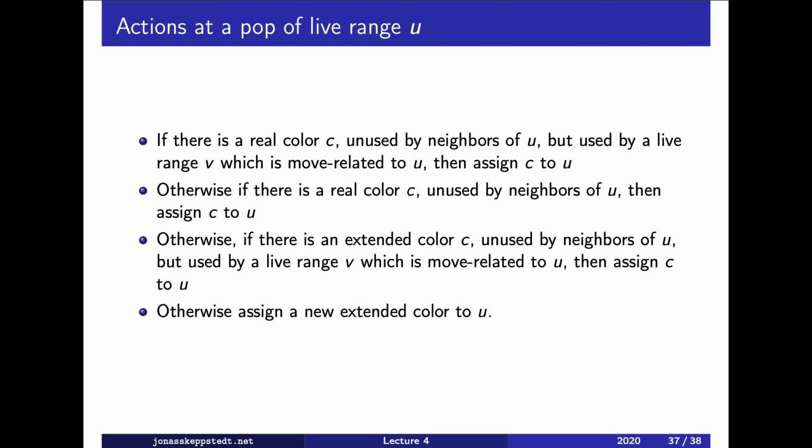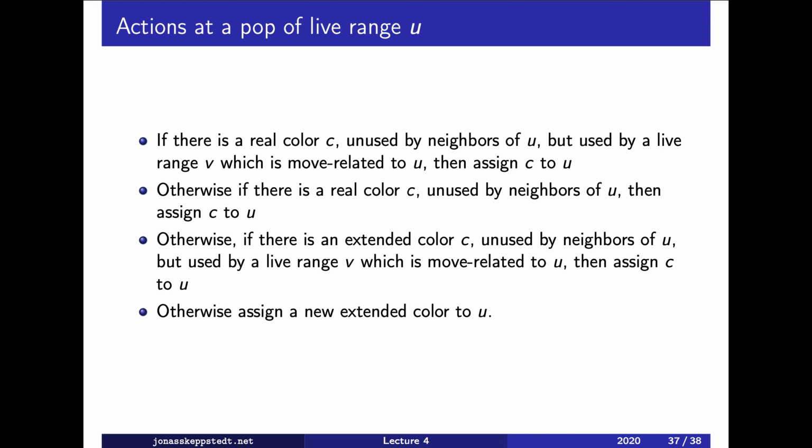If there is another real color, unused by neighbors, of course, then we assign that color to U. If there isn't that either, then we try to find an extended color, also unused by neighbors, but used by a live range which is move related to U, and assign it to U. And if we cannot find that either, we create a new extended color and assign it to U.